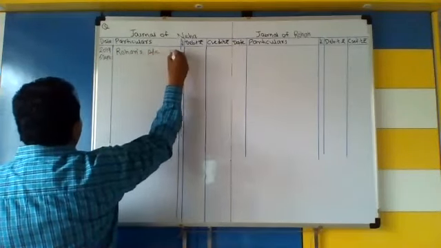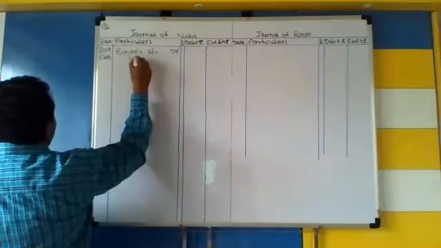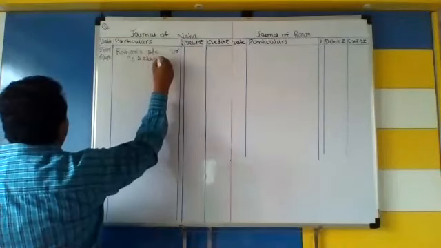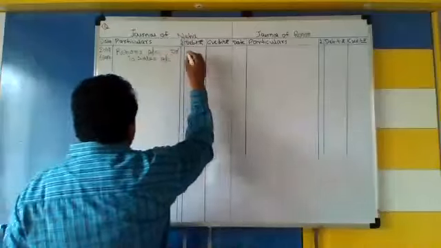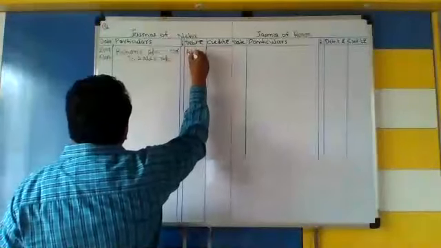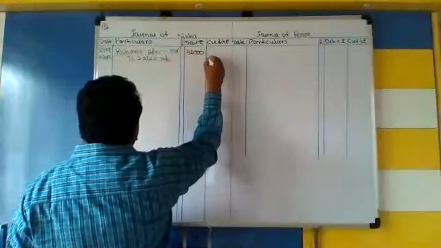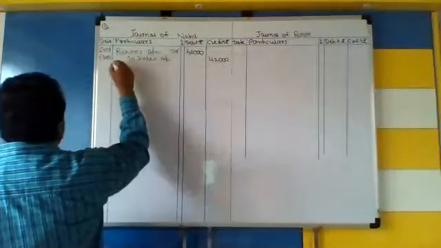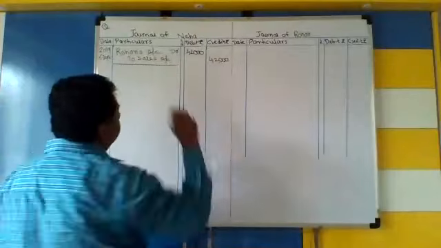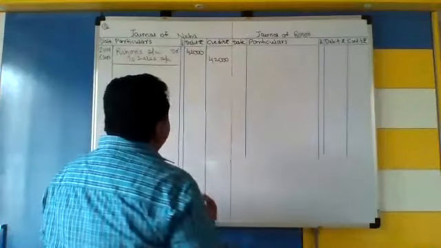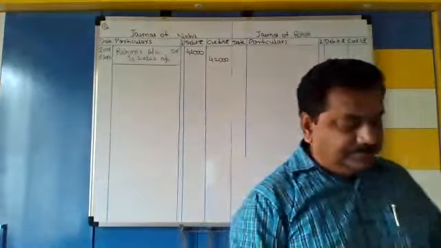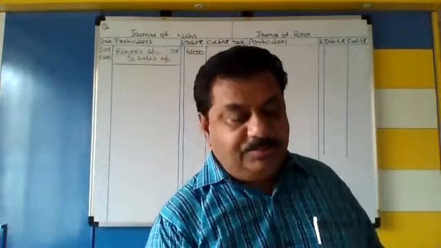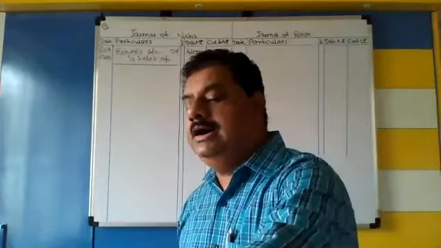The goods are sold on credit. Rohan account debit to sales account, and the amount given is 42,000. This is entry number 1 in the books of Neha.